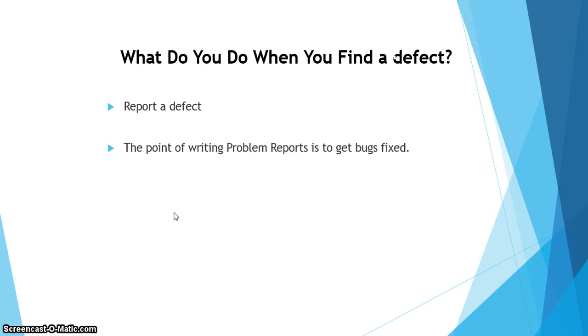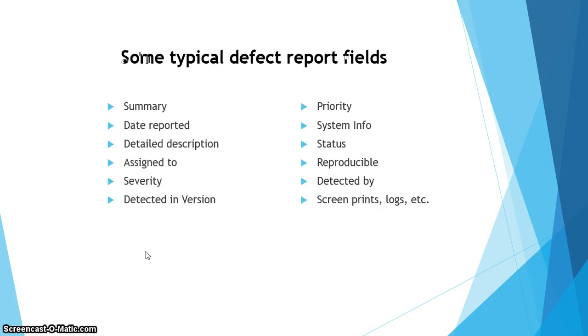So when you find a defect, what do you do? You report it. Okay, and you create a defect with a correct severity and priority and all the possible steps in a very detailed way, so a developer can reproduce it and thereafter it can get fixed. So a typical defect report in Quality Center or any test management tool has fields such as summary, date reported, detailed description, exact steps and the test data as well, assigned to whom.